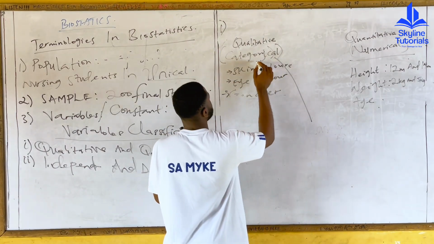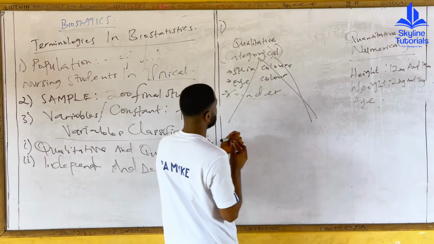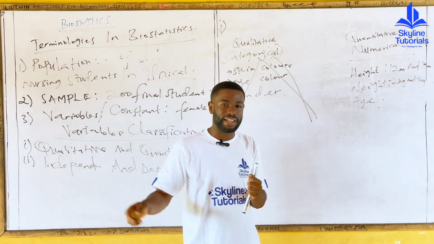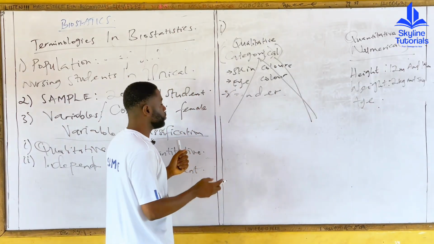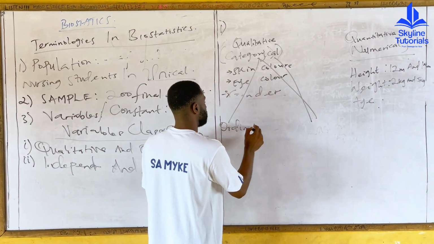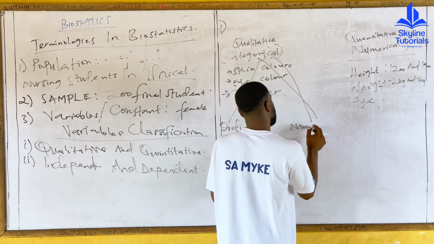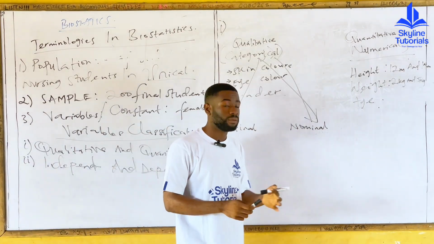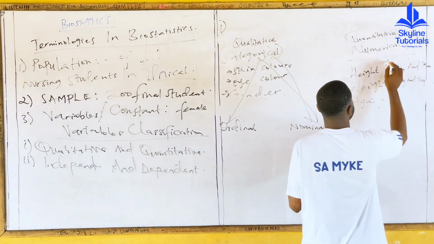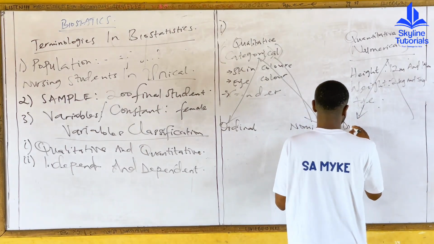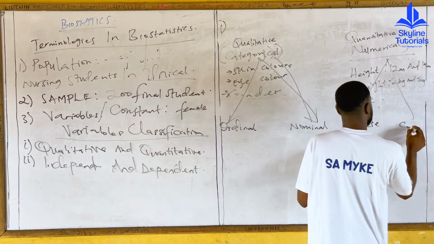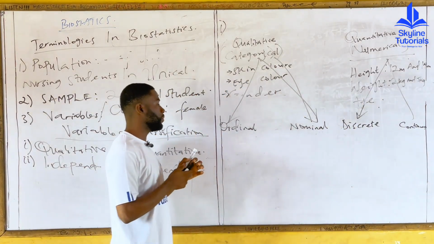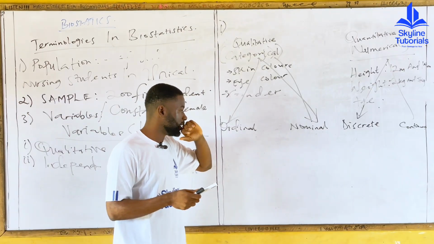This qualitative variable can be subdivided into ordinal and nominal variables, and the quantitative can be subdivided as discrete or continuous variables.